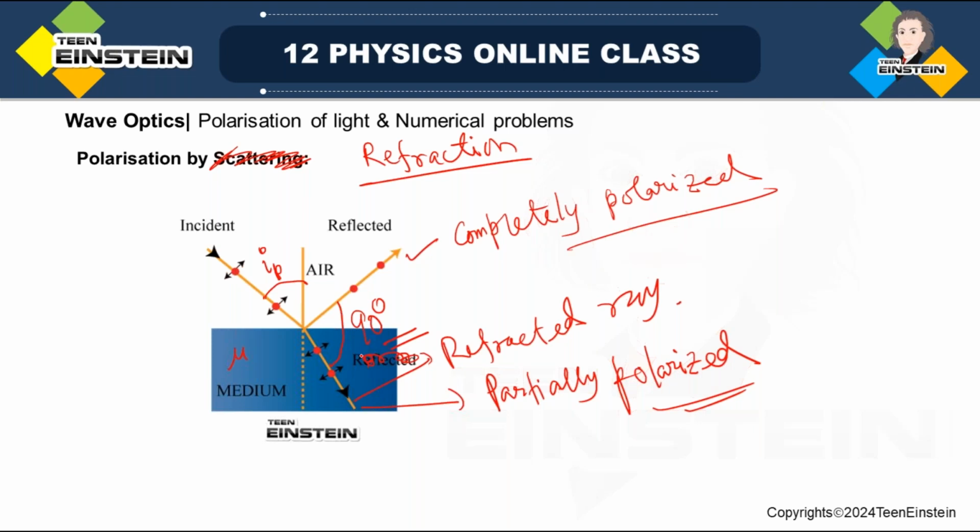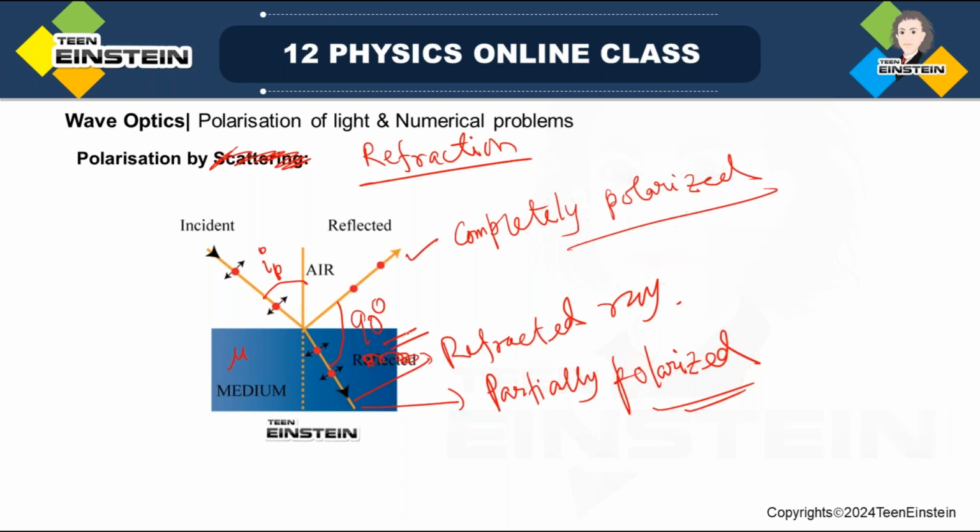When light is incident on an interface and it gets refracted as well as reflected, some part of the incident light, if the angle of incidence of this light is the angle of polarization, then the reflected ray and refracted ray make an angle of 90 degrees, just like the critical angle in case of total internal reflection.